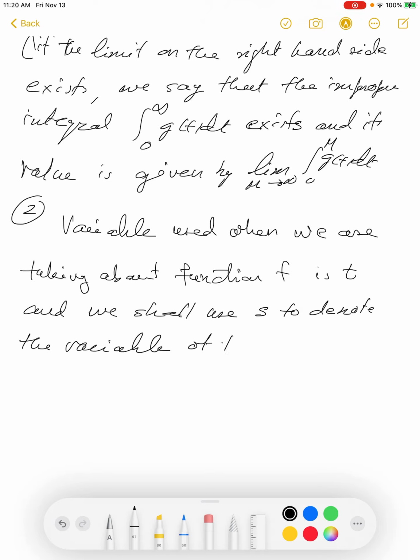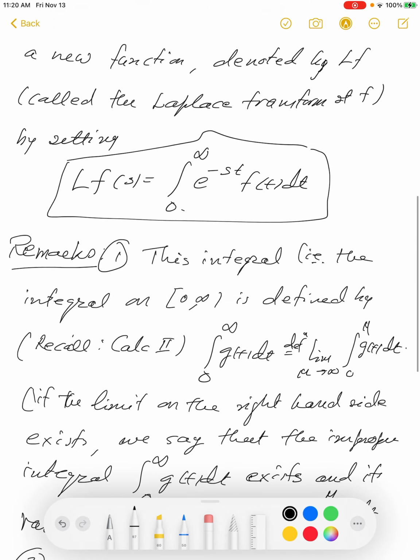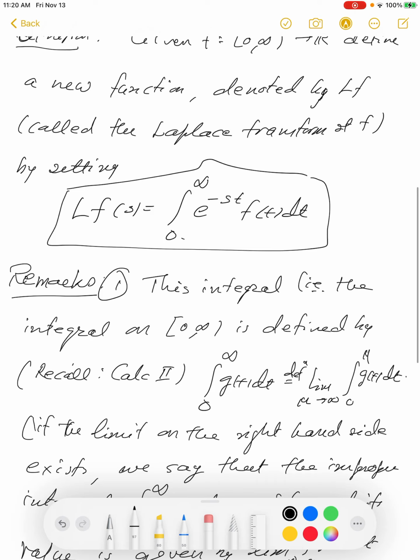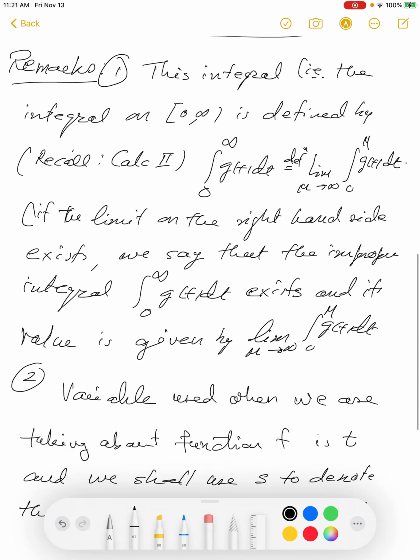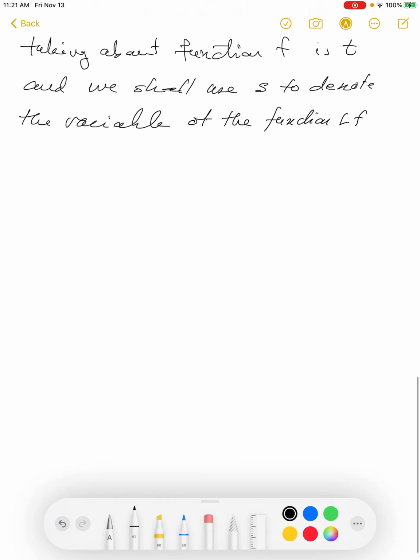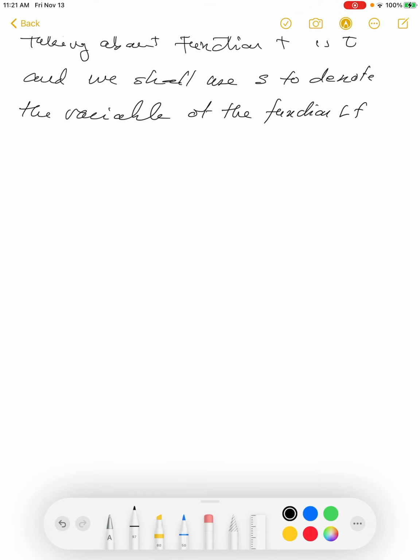We'll use letter s for the variable when we are talking about the Laplace transform of a function, as opposed to just the function, where we use the variable t.